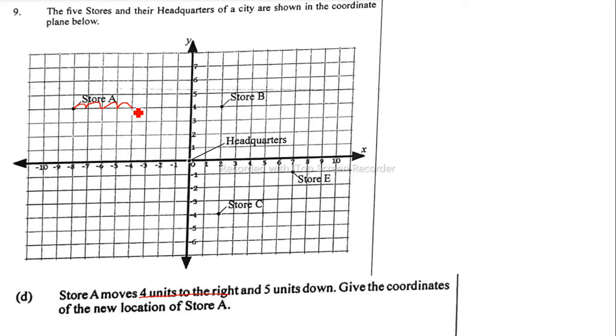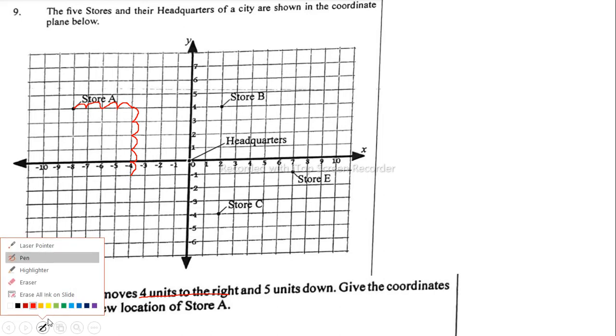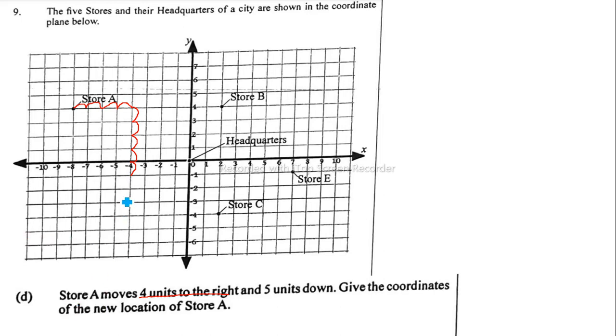So it's going to be 1, 2, no, that's -4. 3, 4, and 5. So the new coordinate is right there. So let's label this with highlight blue.